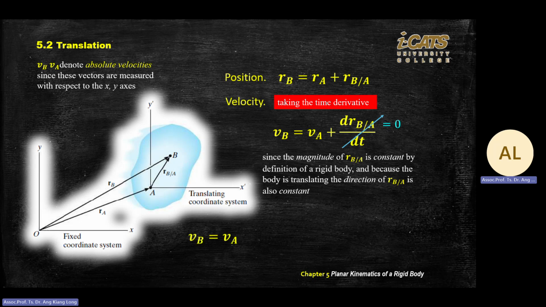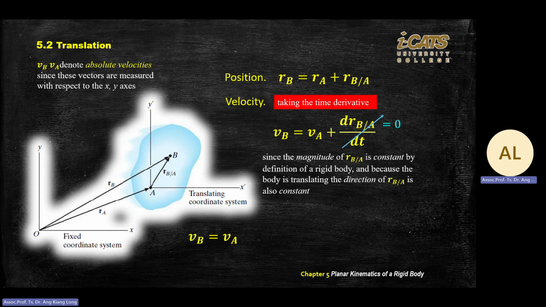Now you have vB equal to vA, which means the velocity at point A is the same as the velocity of point B. Like your head and your feet, if you walk at 2 meters per second, your head will move in the direction at 2 meters per second. Your leg also will move at the same speed because they are on the same body. Okay, so this will be the general information for velocity.